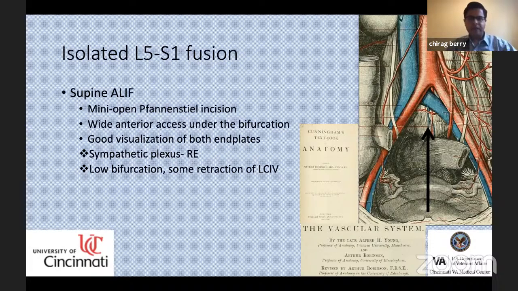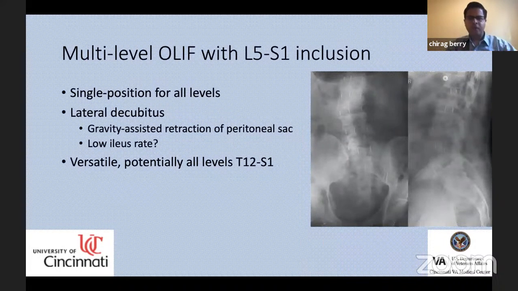So if you're doing multiple levels, and if you're able to do all the levels, including L5S1, in the same single lateral decubitus position, that's a big advantage. You won't have to first do a supine ALIF at L5S1 and then turn the patient to a lateral position for the other levels. This way you can just do all your levels in the same lateral decubitus position.